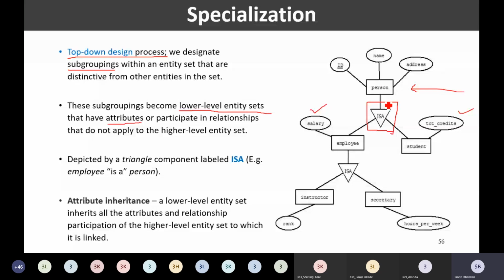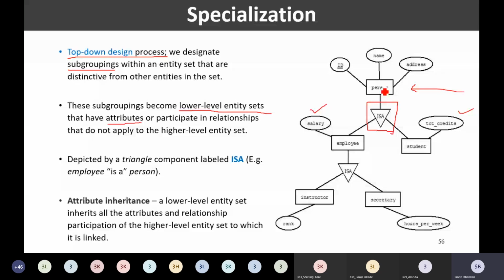So this higher level component is related with the lower level components with this triangular notation, labeled as ISA. And how are we going to read this? We read it as: employee is a person, student is a person.